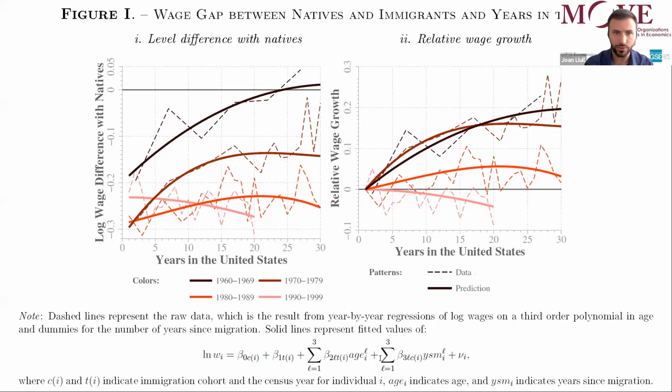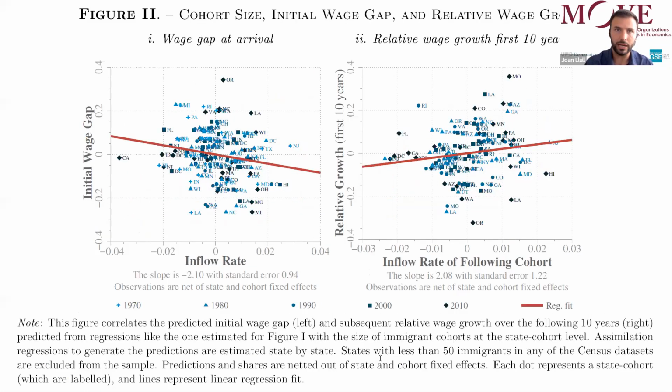Of course, we exclude those states in which there are too few people, and then we have the prediction of the initial wage gap. We correlate that with the size of the immigrant cohort that we're talking about. That's the left figure. Okay. So the right figure does the same thing, but instead it correlates the growth that our regressions predict for the first 10 years with the size not of the current cohort, but of the next cohort, the one that will arrive during the next 10 years. Okay.